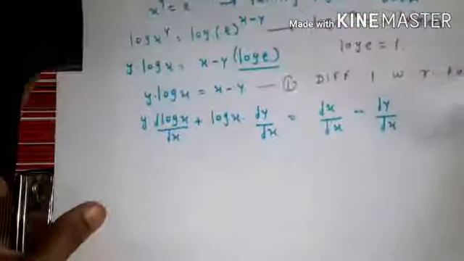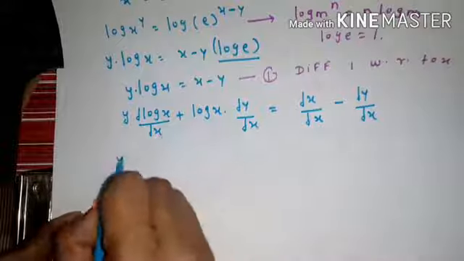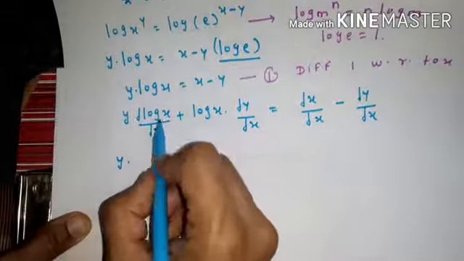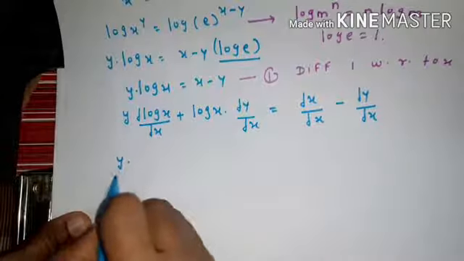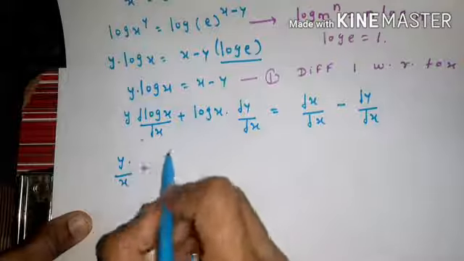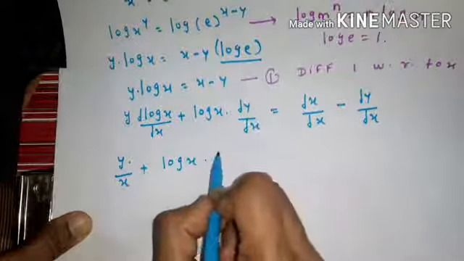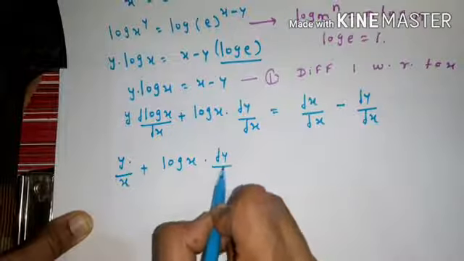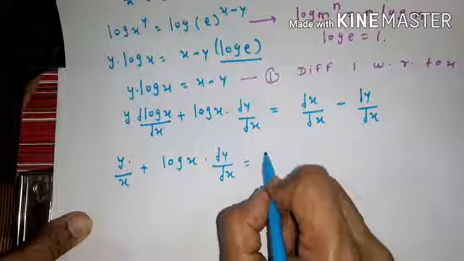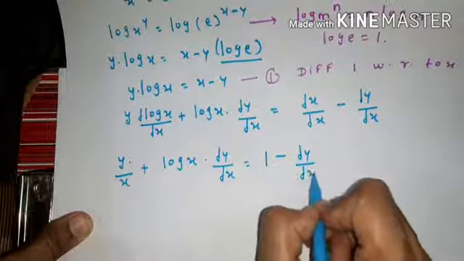Now this is equal to y as a constant, differentiation of log of x is 1 upon x, therefore y upon x, plus log of x is constant, differentiation of y with respect to x is dy by dx. Differentiation of x with respect to x is 1 minus dy by dx.